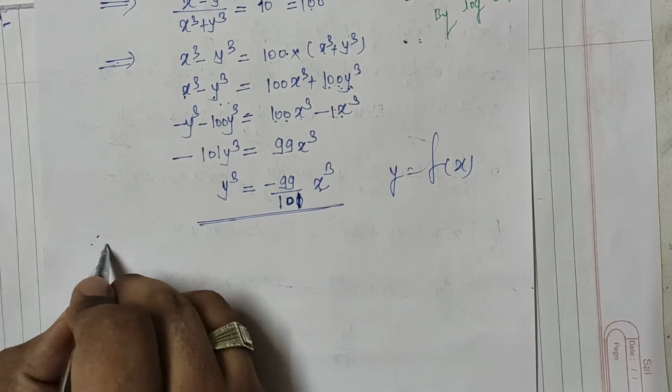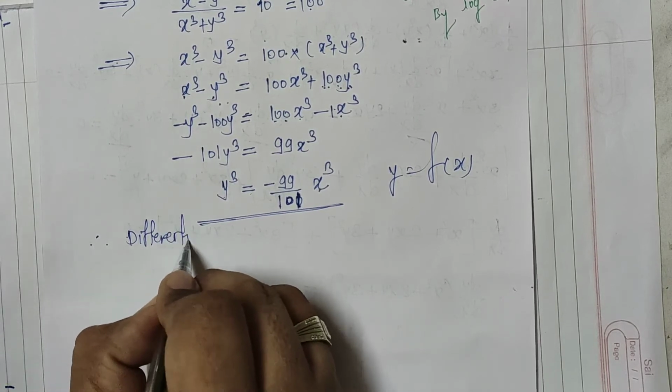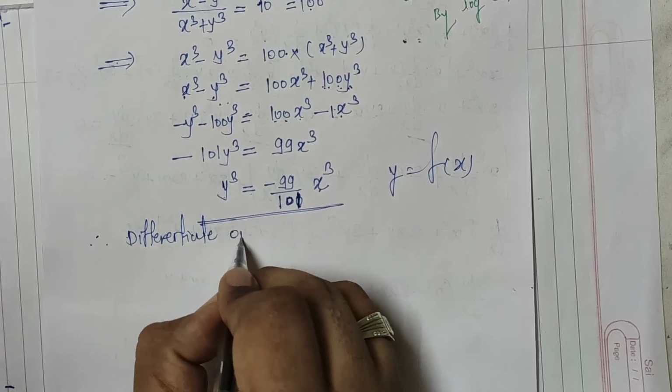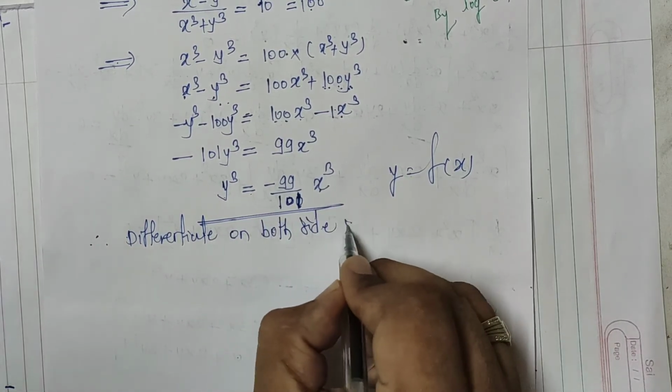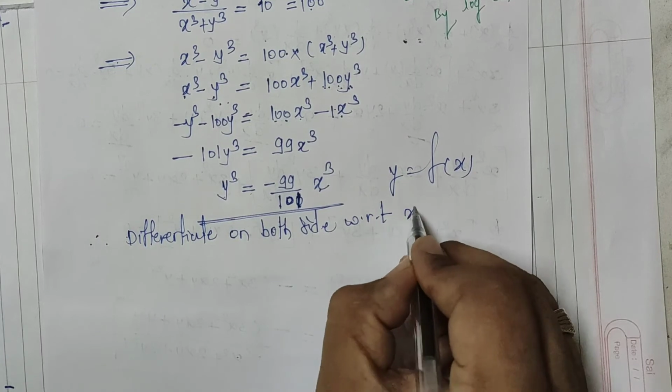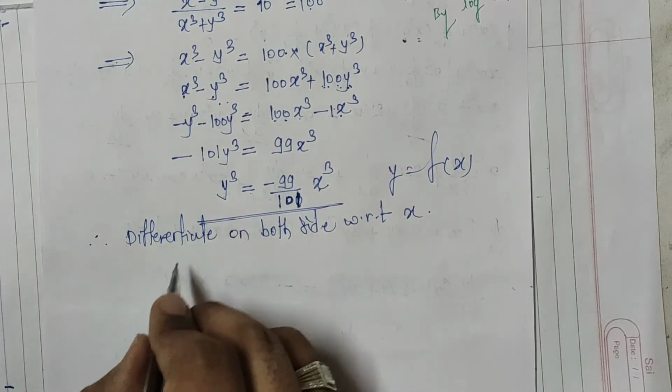Therefore we differentiate both sides with respect to x. We get the y cube derivative. Y cube is a composite function.